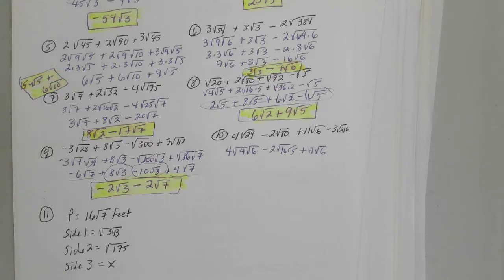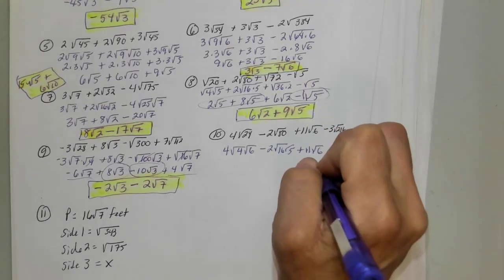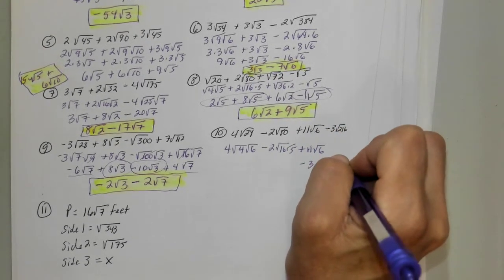Square root of 216. Okay, so we'll see, 216 divided by 36. 36 times 6 will give you 216.